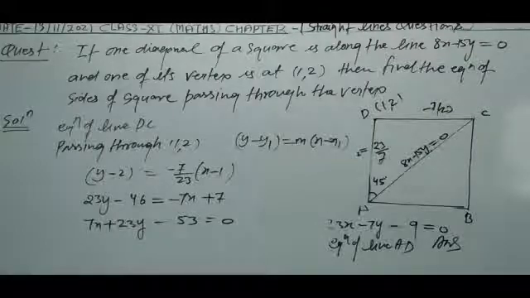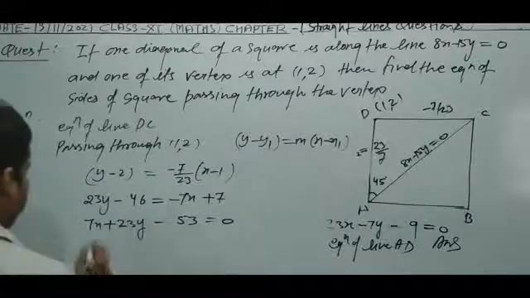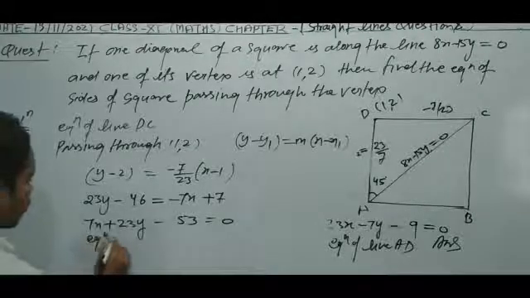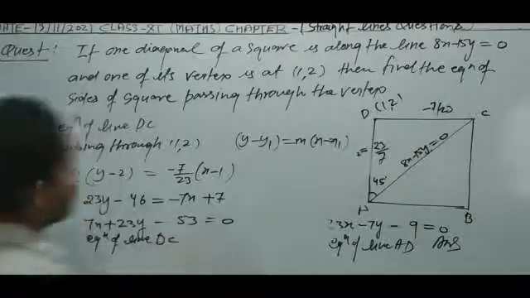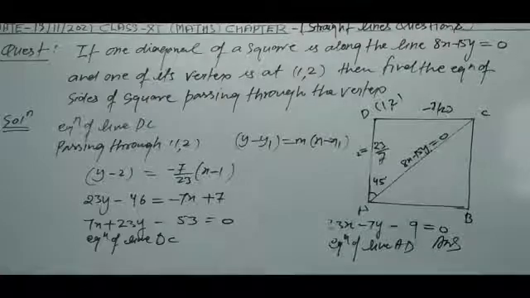Now this is the equation of line DC. In this question we have to find the equation of the sides of the square passing through its vertex.